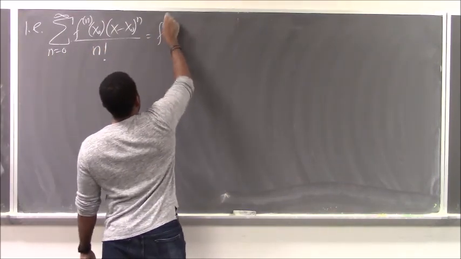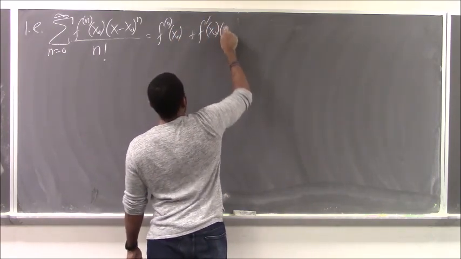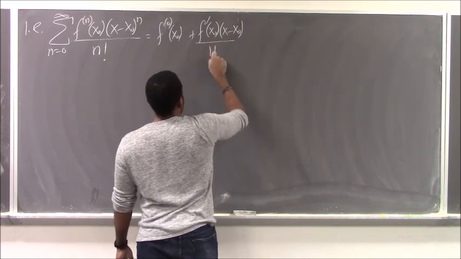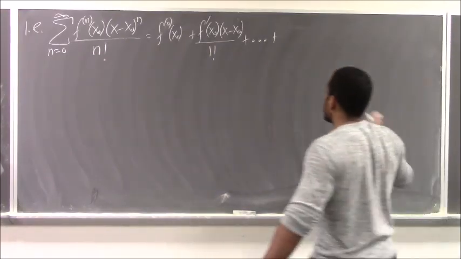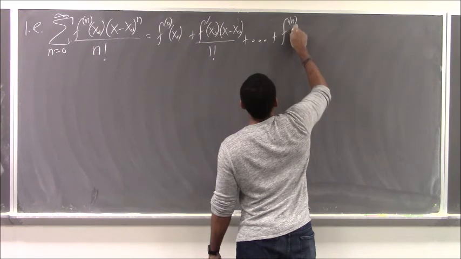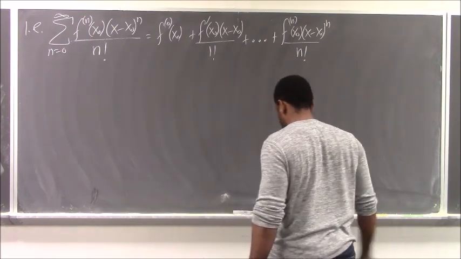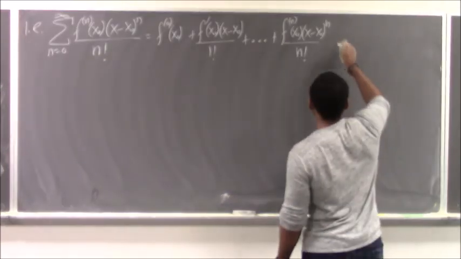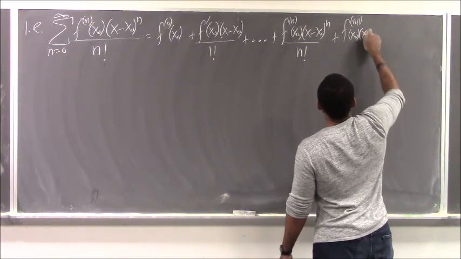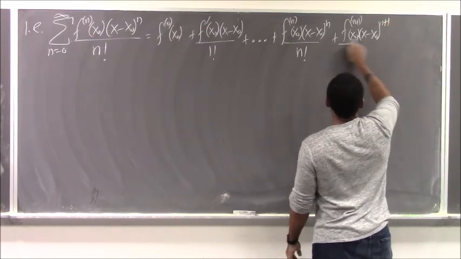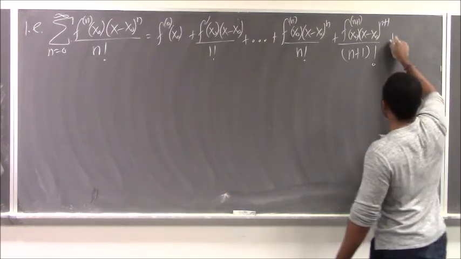This I can write down as, well, f to the 0 of x naught plus f prime x naught times x minus x naught over 1 factorial plus dot dot dot. I can go up to the nth derivative, f to the n of x naught, x minus x naught to the n over n factorial. And then I can continue, plus f to the n plus first derivative at x naught, and I can just keep going, plus dot dot dot.